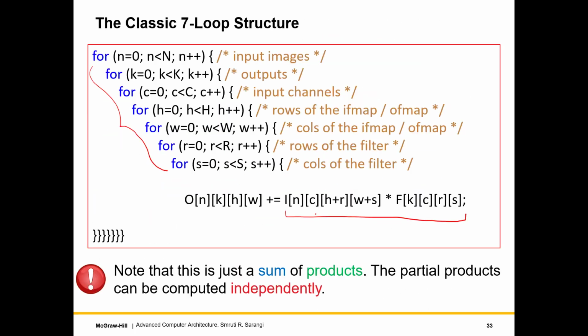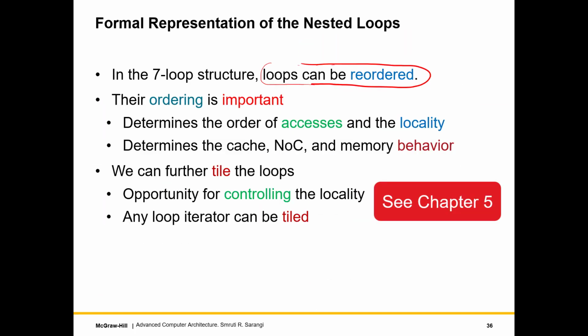You just have to fetch an input value, multiply them, and add them. Of course, this value is dependent on all of the input values that lead to it. But again, those input values can be computed in any order and just added. So the only synchronization is that the addition needs to happen atomically, and I think we have studied a lot of that in chapter 9. But assuming that is taken care of, these are independent computations.